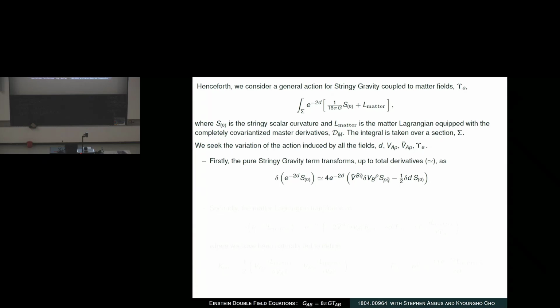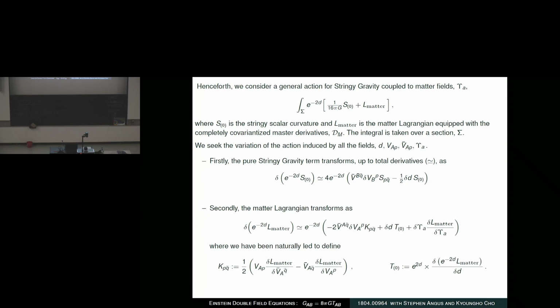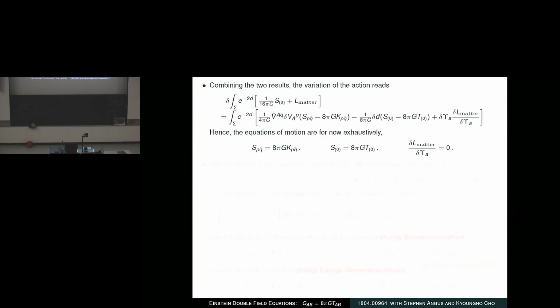And then we consider the generic variation for each term, and when you vary the matter part, we are naturally led to define two quantities, K and T0, for the Vierbein V and the dilaton D, just like a counterpart to the Ricci curvature and scalar curvature. So combining them, we have the equation of motion for the whole Lagrangian.